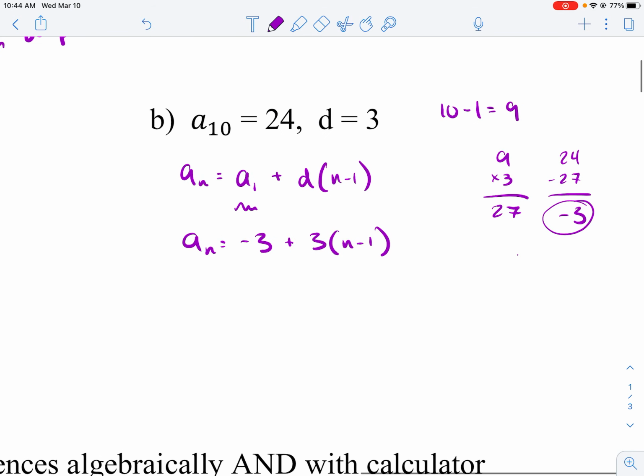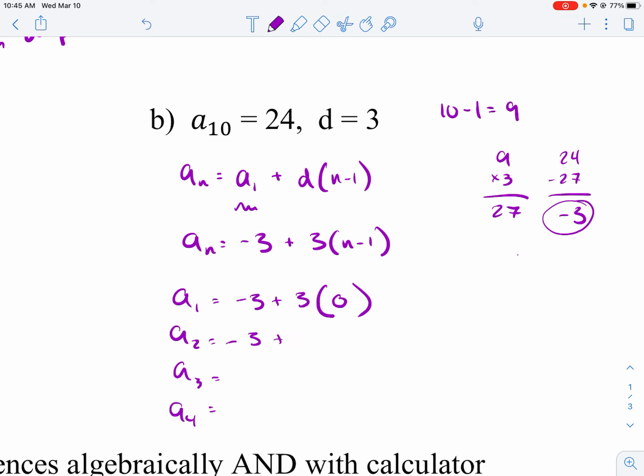Still not done yet, though, because we want to find our first term, second term, third term, and fourth term: a sub 1, a sub 2, a sub 3, a sub 4. So negative 3 plus 3 times 1 minus 1, which gives me a 0. Negative 3 plus 3 times 1, negative 3 plus 3 times 2, negative 3 plus 3 times 3.